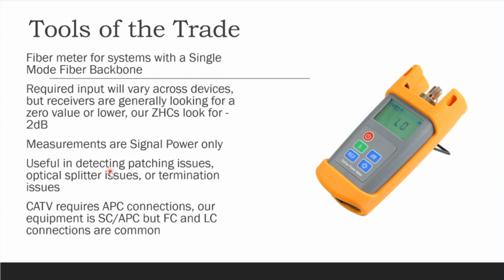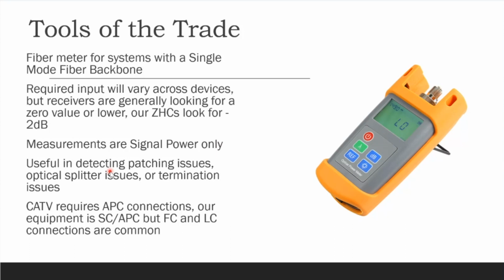Because what happened? Do I have a bad termination? Is there a patch cable or a patch bay somewhere along the line that we don't know about? And there's UPC connection or flat polish connections in there that we didn't realize existed. There are a variety of issues that could cause something like that.